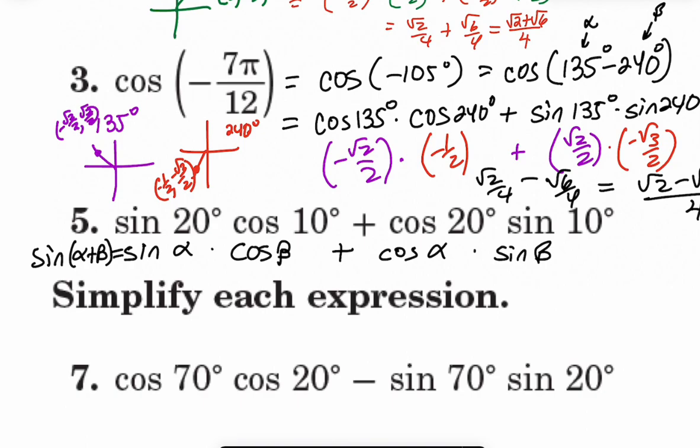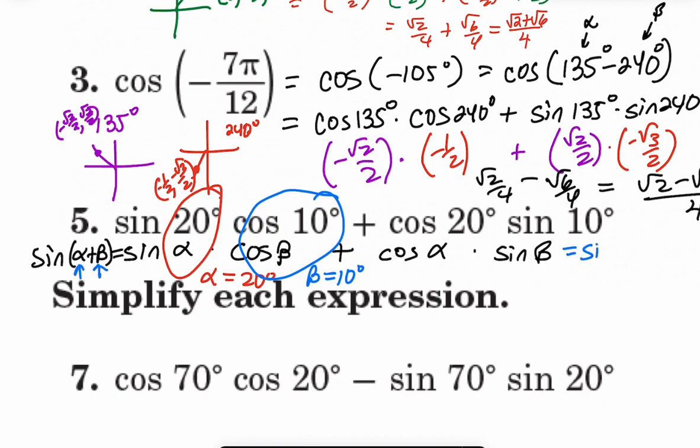So if we look at this, the alpha is 20. The beta is 10. So let's put them right here and here, okay? So this is the same as the sine of 20 plus 10, which is 30.